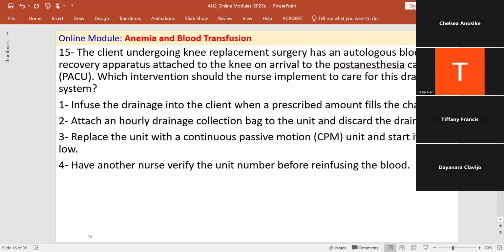So we are reusing the patient's blood after being filtered and washed with normal saline, and reinfused back to the patient. These salvaged cells cannot be stored and must be used within 4 hours or discarded because of bacterial growth. So that would be number one.